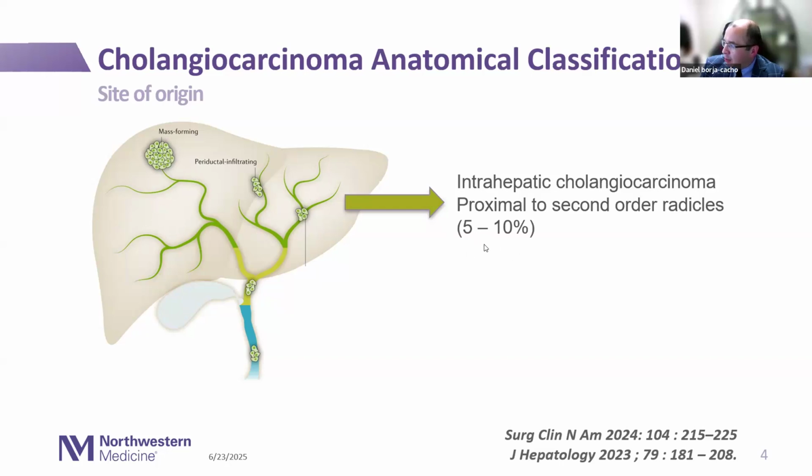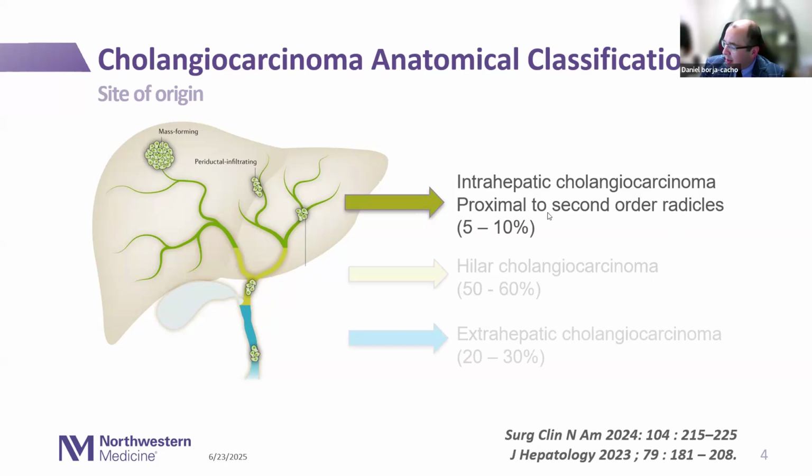It comprises about 5 to 10% of all cholangiocarcinomas. Hilar cholangiocarcinoma, which in the United States is the most common, 50 to 60%, arises in the right-left hepatic duct, the confluence, and proximal to the confluence of the cystic duct. And finally, extrahepatic cholangiocarcinoma, 20 to 30%, which is distal to the cystic duct.